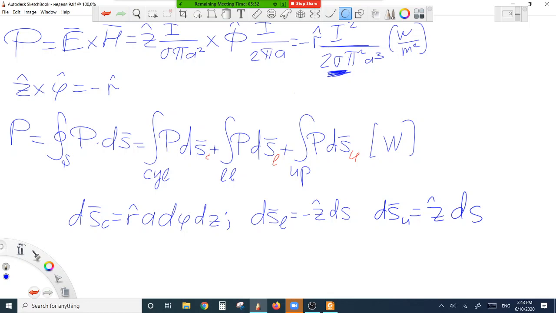It means that these last two integrals cancel each other, and only the integral over the cylindrical surface remains.